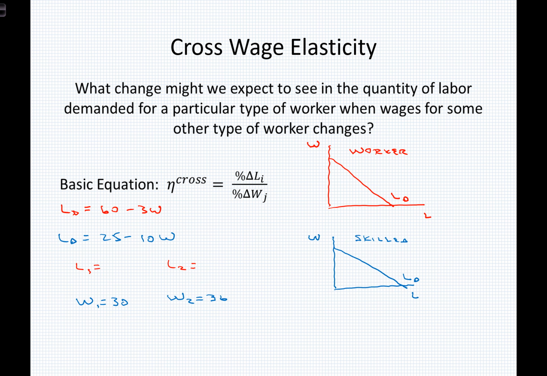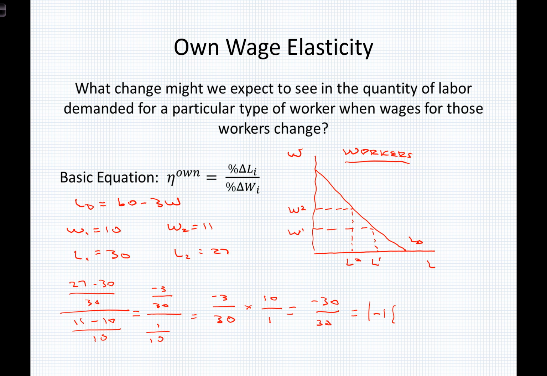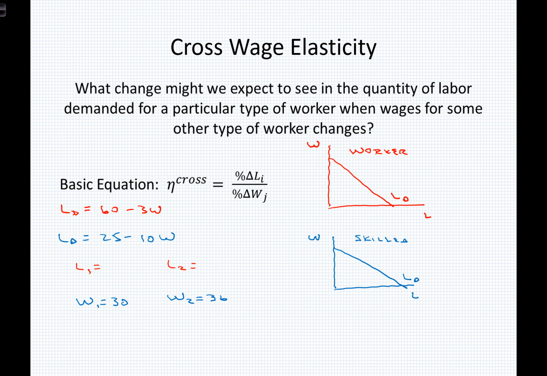So let's assume for a moment that we decided that yielded a decrease in the number of these labor units required, and that we went from the values we had in the prior slide, where for the lower skilled worker we had 30 and 27. Let's use those same values, 30 and 27.